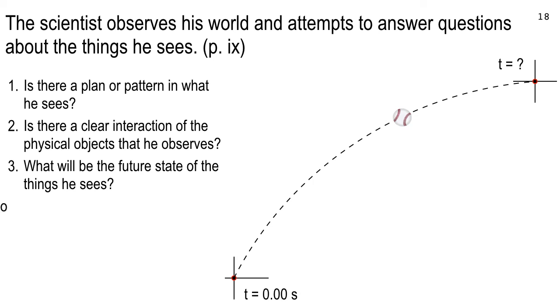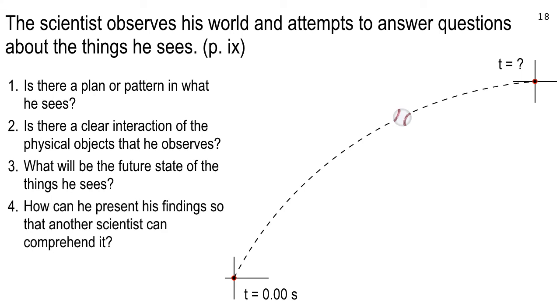And then a fourth kind of question is, how do I communicate that to another scientist or to a regular civilian that's not a scientist? Those are two groups a scientist has to communicate to: his colleagues, and regular civilians. So for a scientist, he might write down this fancy-looking equation. We'll get into that next week. That's one of the equations that describes the parabola that the baseball follows. There's another equation that goes with it.